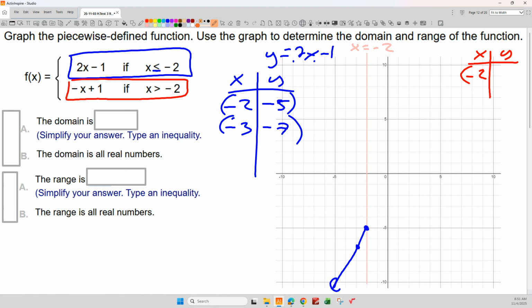Okay, so it's not included in the domain, but it's still important. What would I do at negative 2, 3? Open endpoint. Okay, good. It's not included, but it's where the function ends. So open endpoint at negative 2, 3, and then what would the easiest one be to pick? 0. Yep, good. So 0, 1.